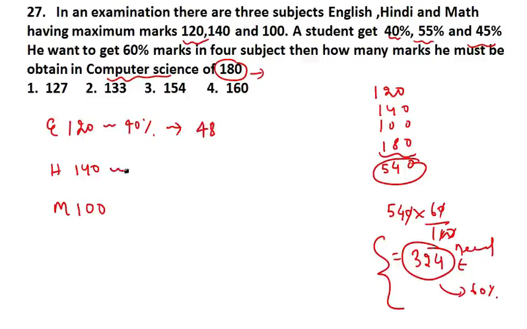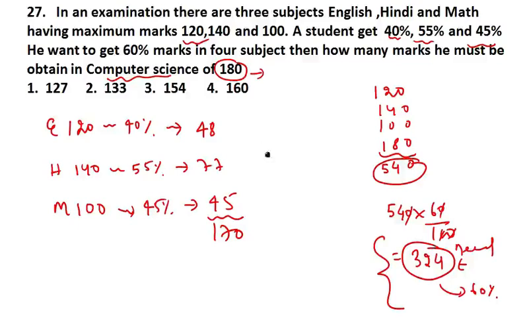Here he scored 55%. So 55% out of 140 is how much? 77. Now this I think you already know how to calculate. And out of 100 he got 45% in math, means it is going to be 45. So look guys, how much has he already scored? He has already scored 170, but he needs 324.